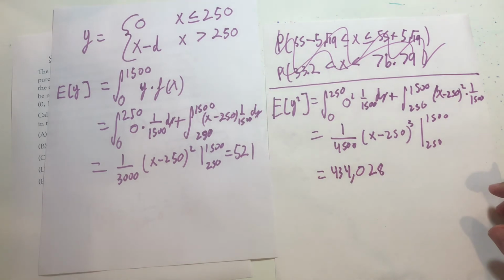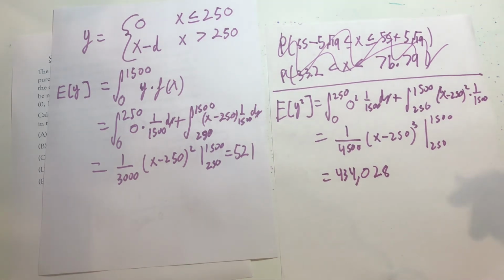So now that we've got the first and second moments, we plug them into the formula for variance.